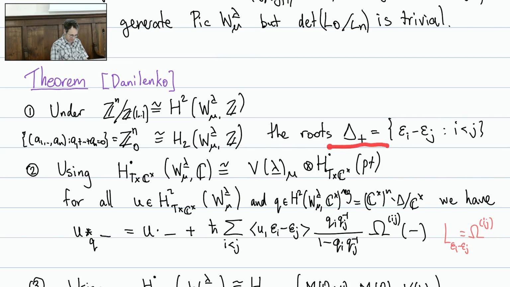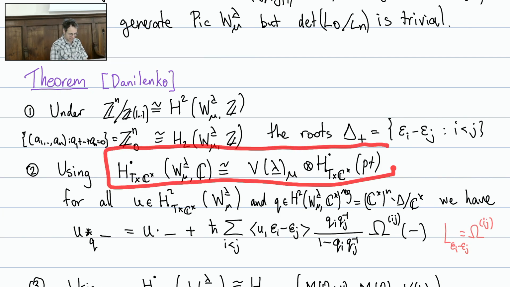Here we use this naive identification. So identify the cohomology of the affine Grassmannian slice, resolve the affine Grassmannian slice with the weight space of the representation, maybe tensor the equivariant cohomology point. And it's again this naive identification by matching the tensor product basis with the stable basis.